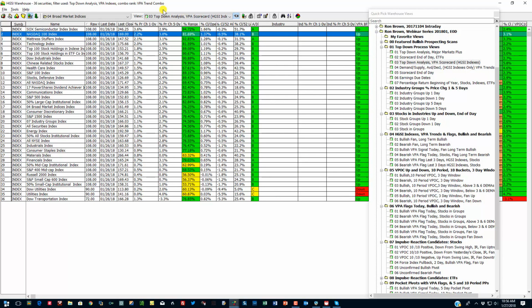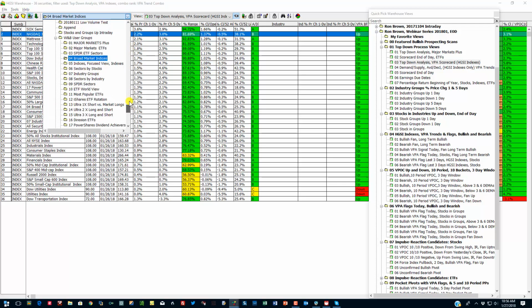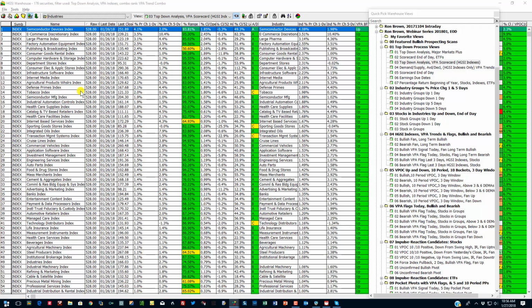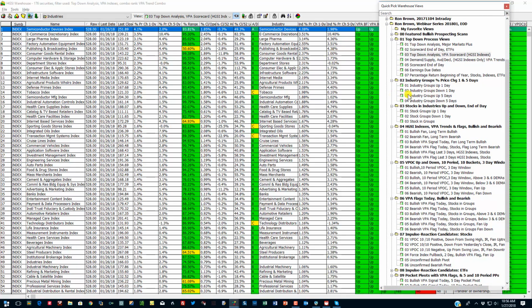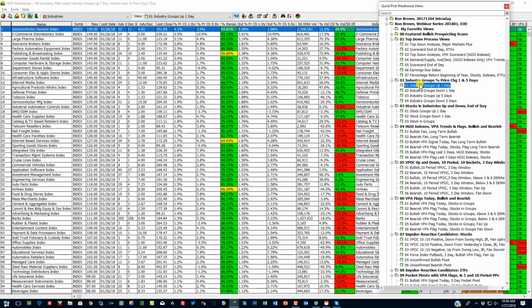Now, let's go to the industry groups. And I'm going to go to this view right here, my number 2 folder, for those of you who are taking the webinar. And you can see that semiconductor devices is on top, and here my combo is just the percentage price change one day.